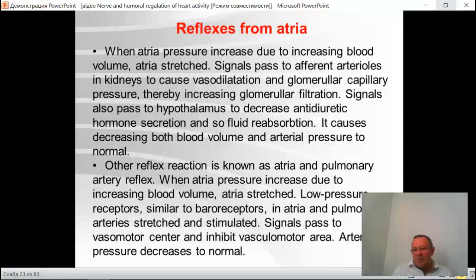Low pressure receptors, similar to baroreceptors in atria and pulmonary arteries, are stretched and stimulated. Signals pass to vasomotor centers and inhibit the vasomotor area. Arterial pressure decreases to normal.